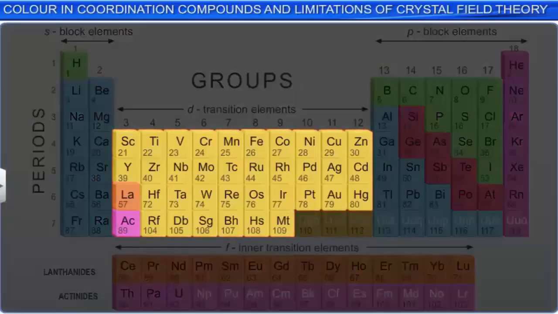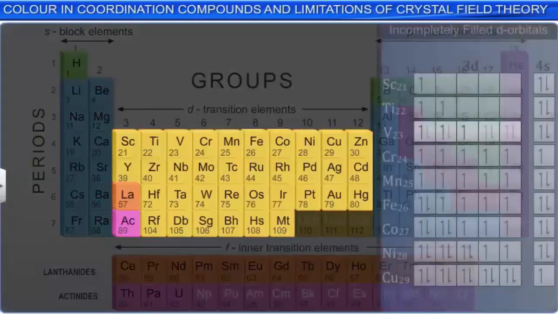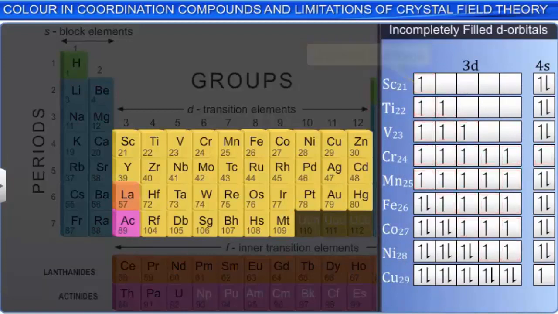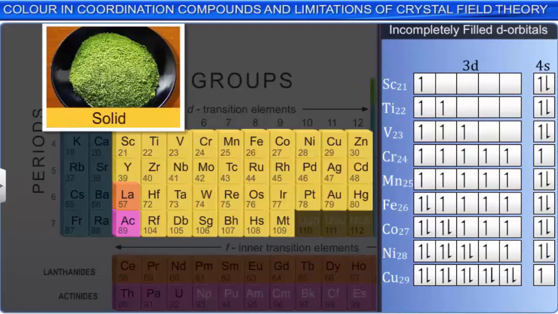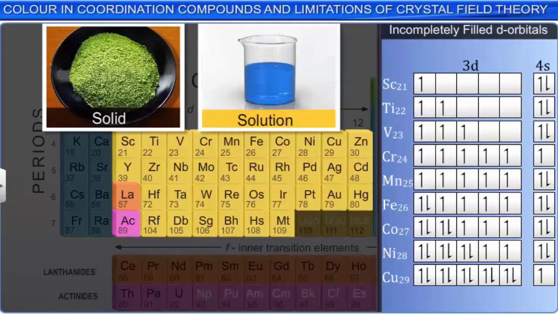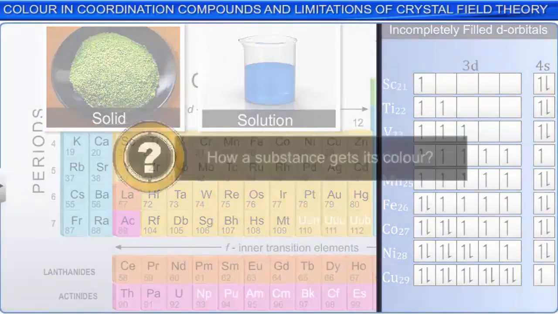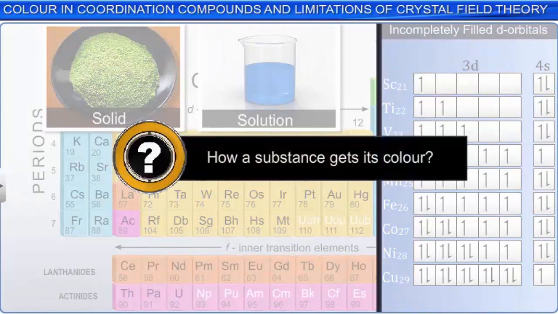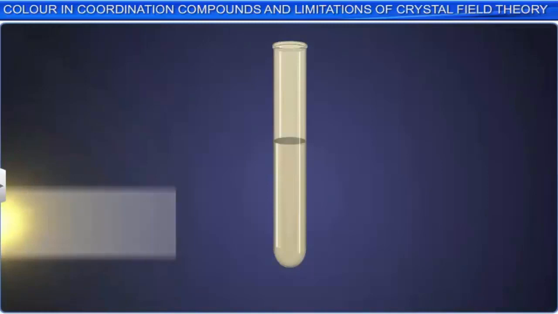Transition metal atoms, or ions, with one or more unpaired electrons and their complexes exhibit color both in their solid and solution states. Let us see how a substance gets its color. When white light passes through a substance, it absorbs some of the wavelengths.